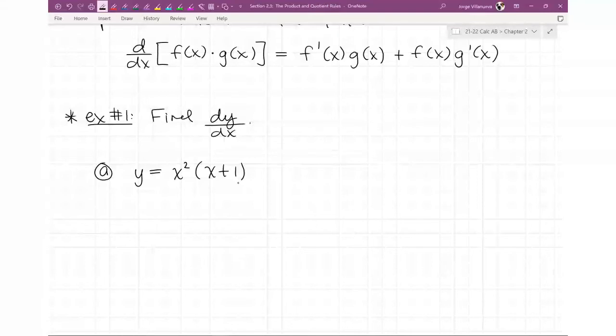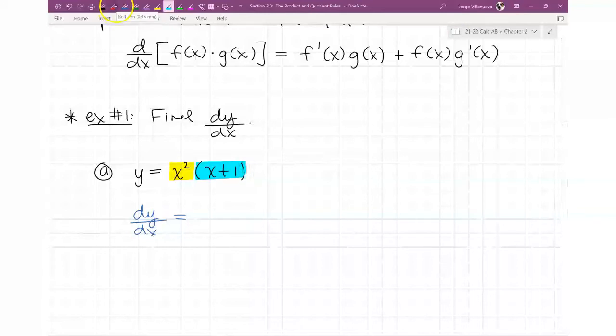The product rule is going to look like this. dy dx is equal to. So remember, I have two functions. I got the x squared and I got the x plus 1. I have two different functions. So first I'm going to take a derivative of the yellow one, the first one first.